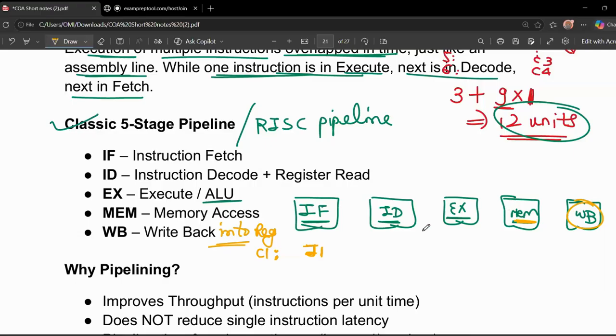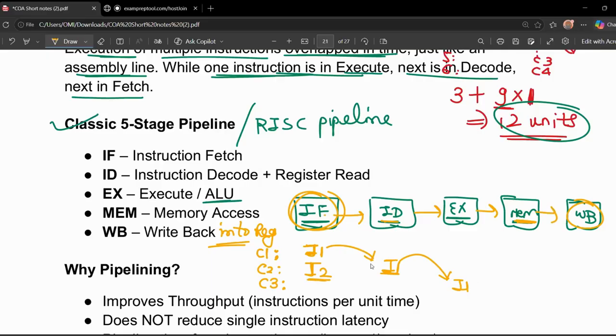Now in the C2 next cycle, I1 is done with the instruction fetch, so it can go to instruction decode, and similarly a new instruction can come because this stage is empty, so I2 will be done here. Now similarly in the C3 cycle, I1 is done with the decode stage, so it goes to the next stage, which is execute, step by step, one after another.